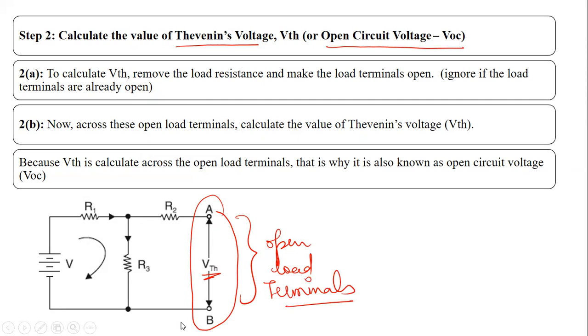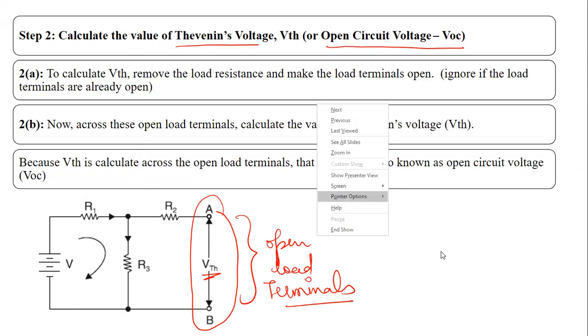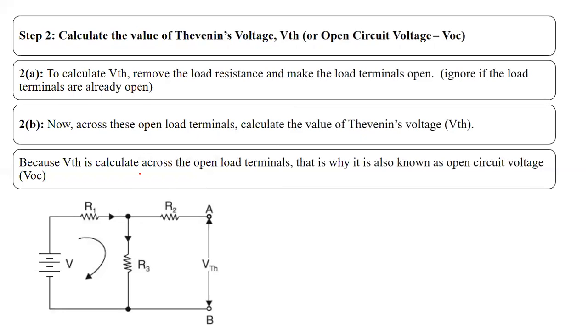So these are the open load terminals. Across these open load terminals, we calculate VTH. Because we have calculated VTH across the open load terminals, that is why we also call this voltage open circuit voltage, or it is denoted by VOC.